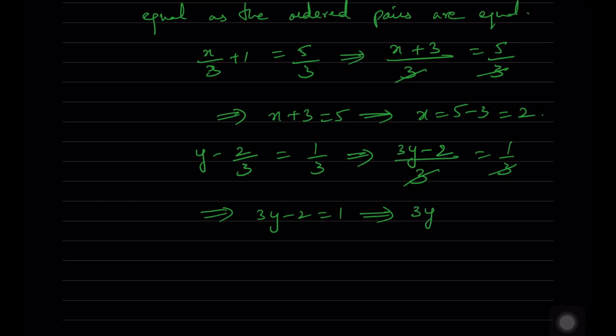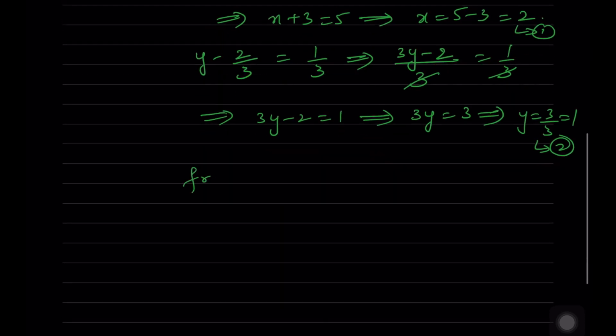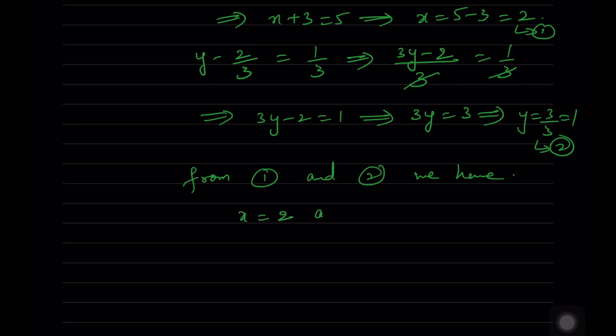So you get 3y is equal to 3, which implies y is equal to 3 by 3, which is equal to 1. So if you take this as 1 and this as 2, from 1 and 2 we have x is equal to 2 and y is equal to 1. So these are the answers.